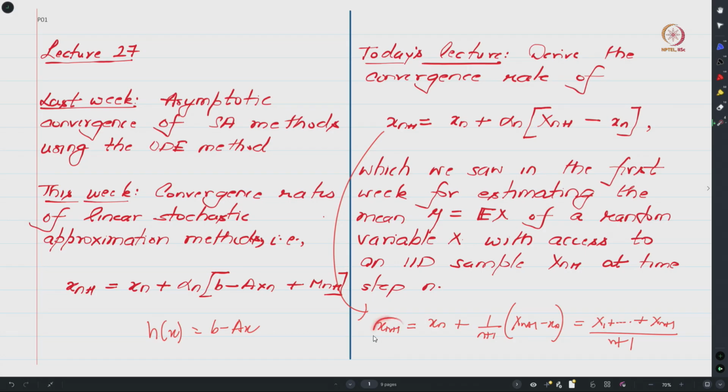So basically this expression is the sample mean of all the samples that we have observed so far.